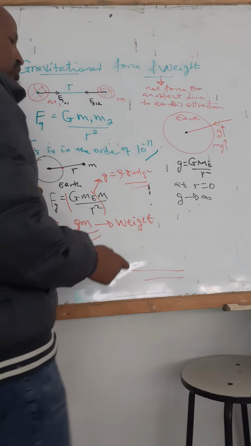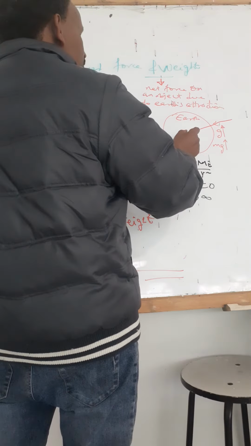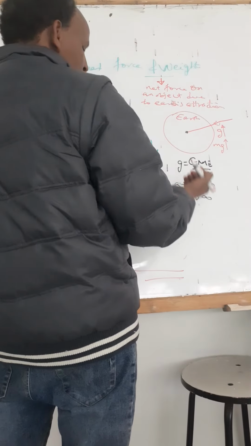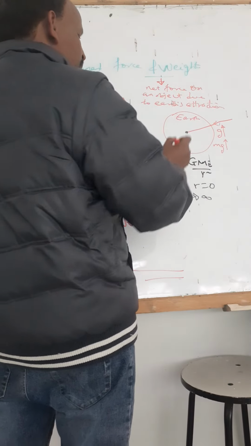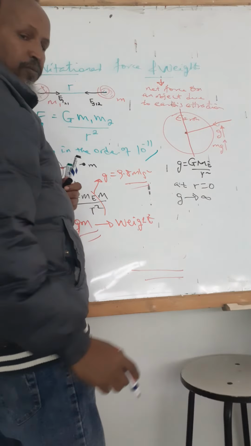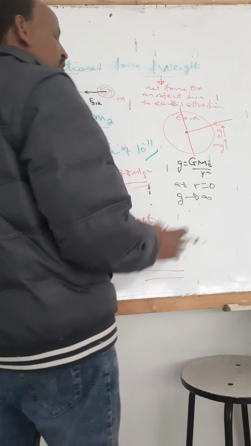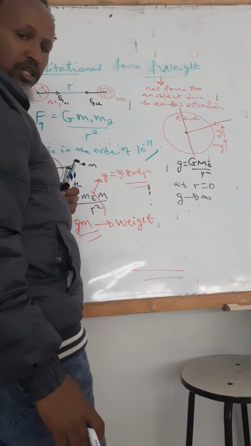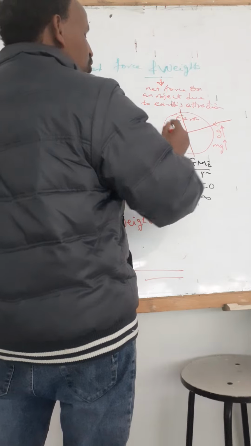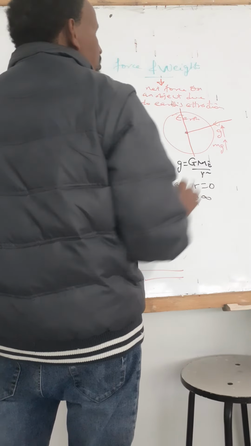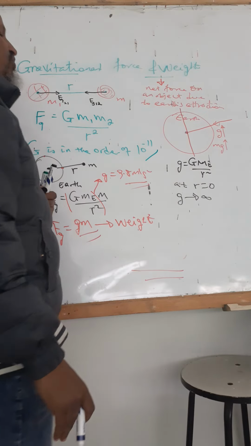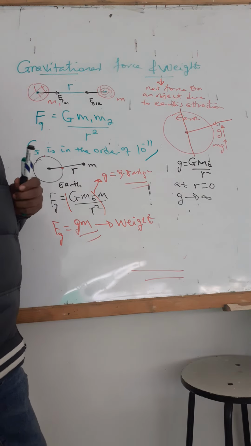So when you come here to the center, up to this point g increases, yes, but at this point, according to the symmetry, you will have equal mass on either side of the center. So an object at this point is going to be equally attracted to the right as to the left, up as to the down, in each direction from the center.